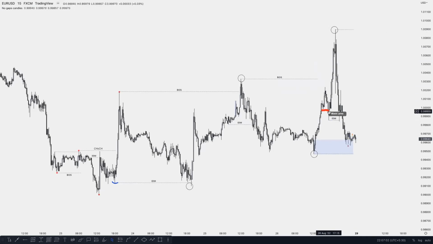Why can we call this an inducement? Because I can see this week was a sweep of the previous candle's low. I did not get your point. Can you please zoom in a little bit on this section, please? Okay, sure.